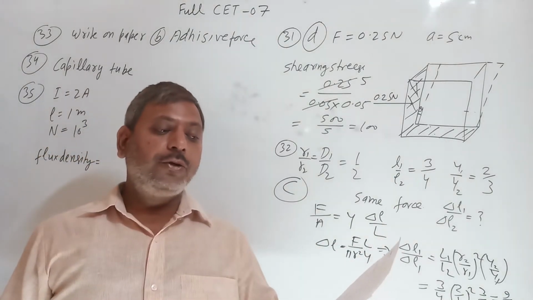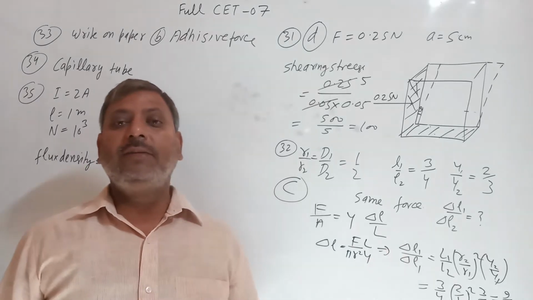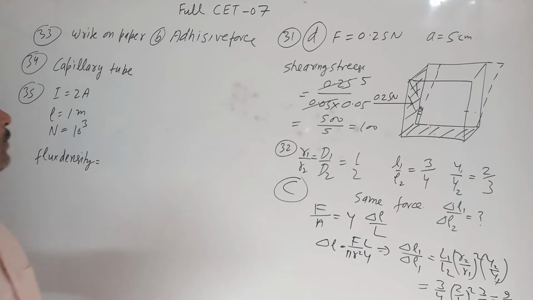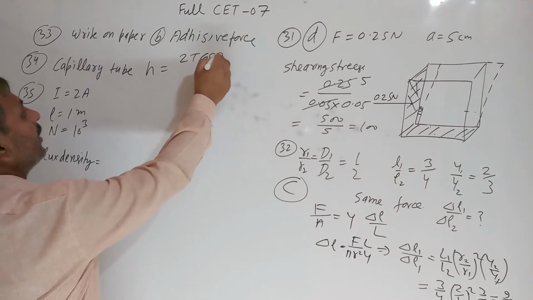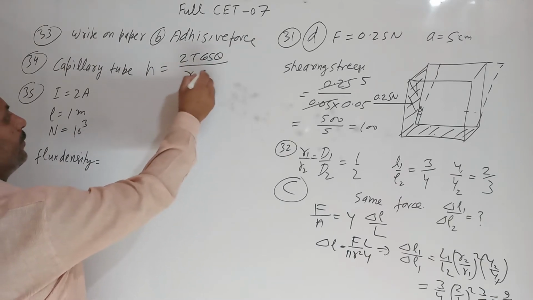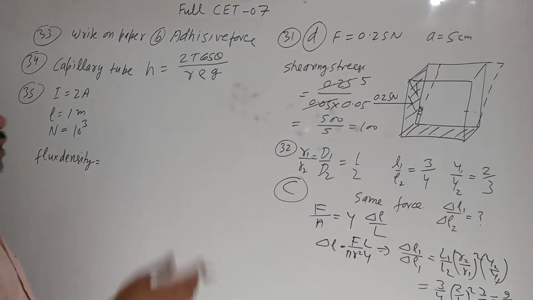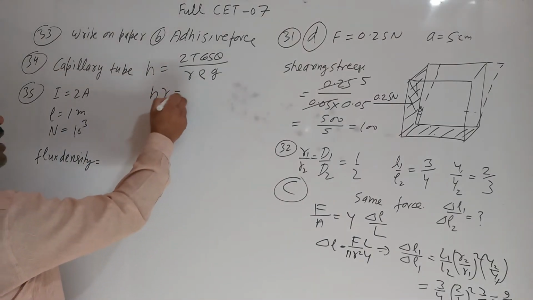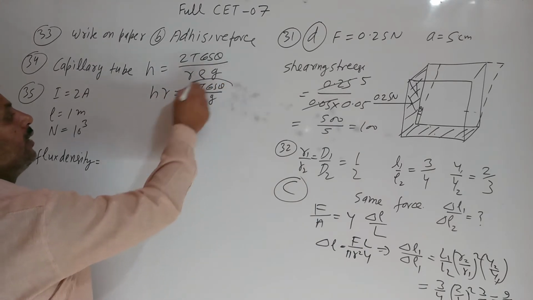Question number 34. We dip capillary tubes of different radii, and water rises to different heights. What is the relation between H and R? So see here, H is equal to what? 2T cos theta upon R rho g. So H is inversely proportional to R. Or you can say HR is equal to 2T cos theta upon rho g.